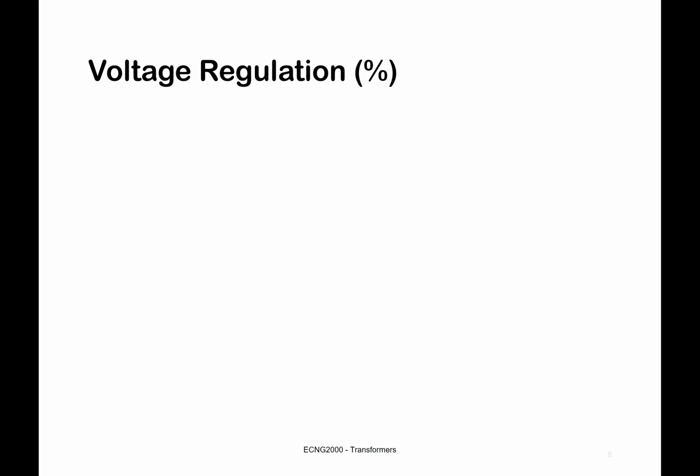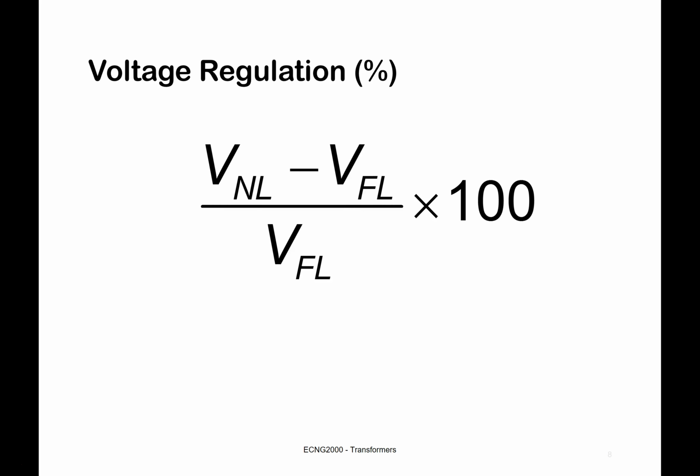So the last thing is voltage regulation. And here voltage regulation is V no load minus V full load on V full load multiplied by 100. The no load voltage refers to the open circuit output voltage, and this gives you the condition which is minimum voltage drop, because you have the least current.